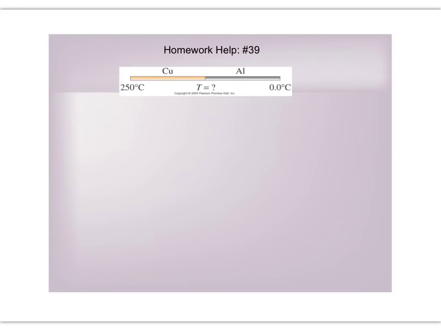Really quickly, one of the homeworks that you're going to do is a little bit tricky. There's this big long piece of metal, and half of it is copper and half of it's aluminum. One side is held in a really hot area and one side is held in a really cold area. And the question is, what's the temperature in the middle? What I would like you to remember so that it's a little bit easier to think about is that the rate of heat transfer for the copper has to be equal to the rate of heat transfer for the aluminum.